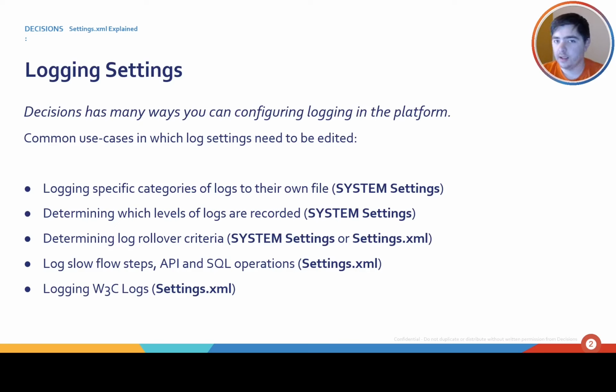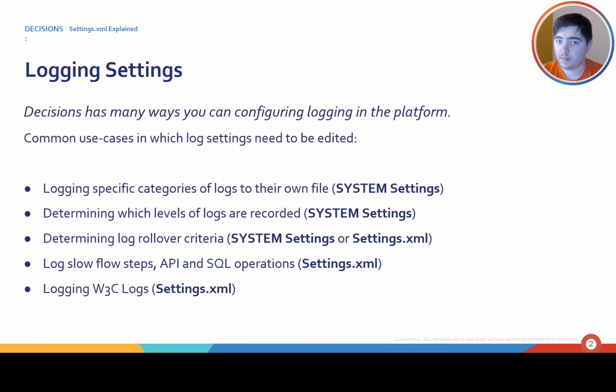The first kind is by having logs for particular categories getting logged to their own file. By default, Decisions records logs inside of decisions.web.core logs, and this encompasses all default logging categories.